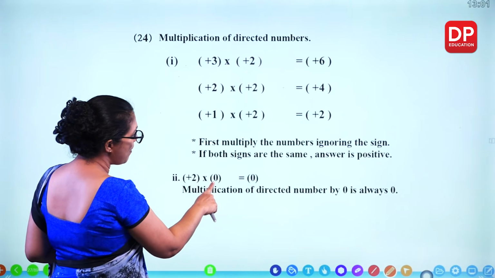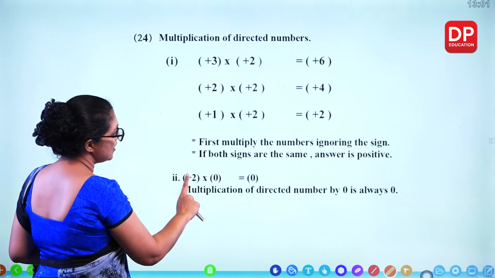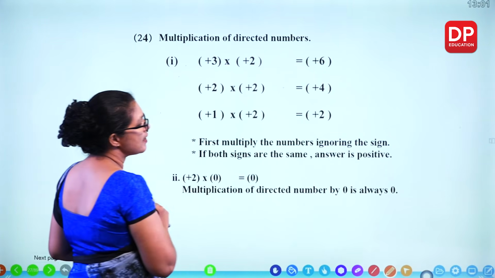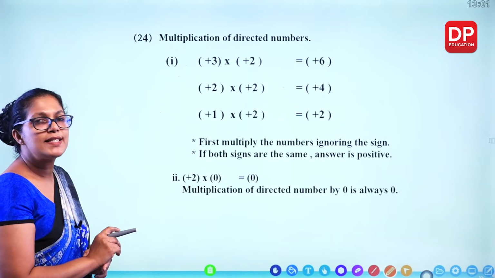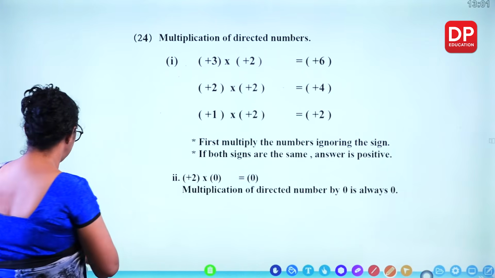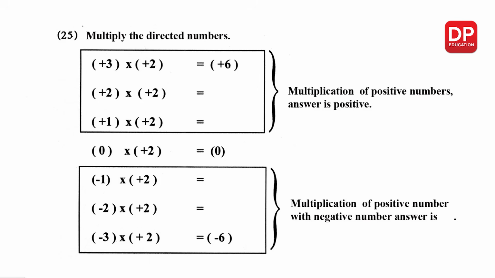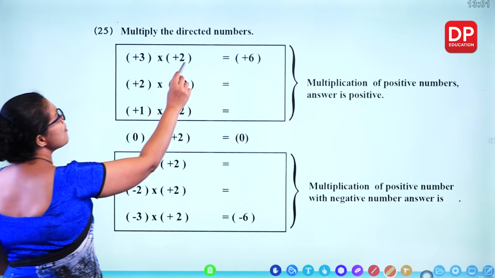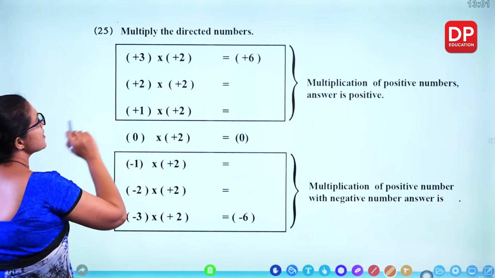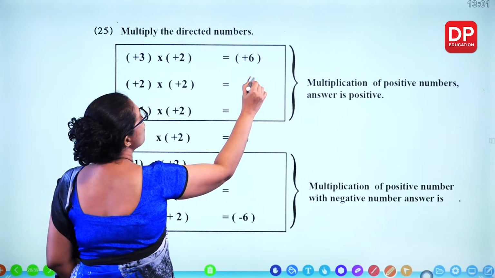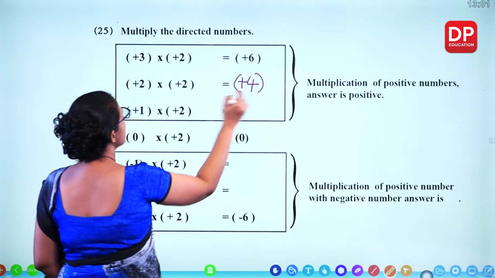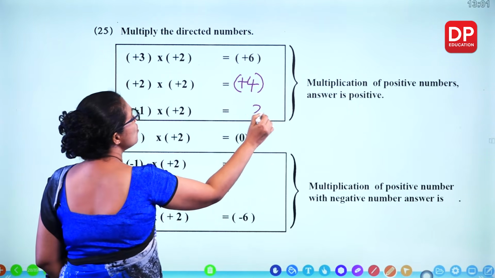When you multiply by 0, what happens? Multiplication of directed number by 0 is always 0. Now look at this one. Multiply the directed numbers. 3 times 2, 6. And this is plus. 2 times 2, 4. And this is plus. 1 times 2, 2.